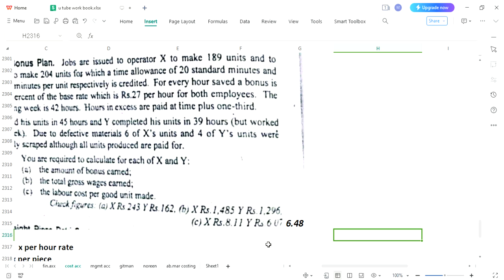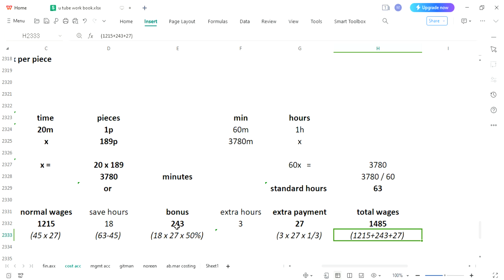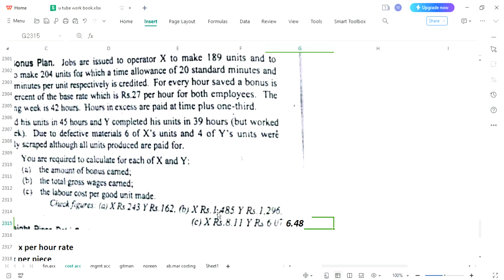Now let's see the answers. This is your amount of bonus. A part is amount of bonus for X, 243. This is bonus, we have calculated 243, and total payment has been made. How much? That is 1485.